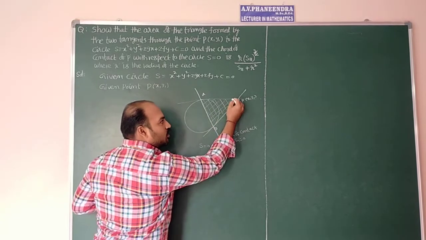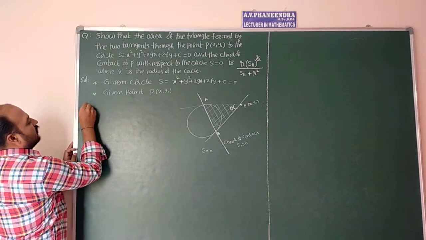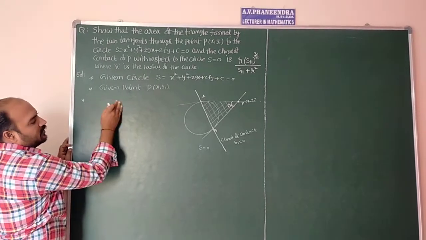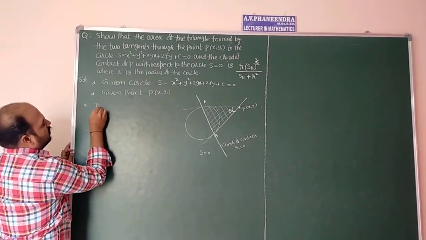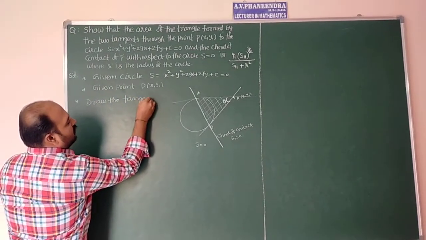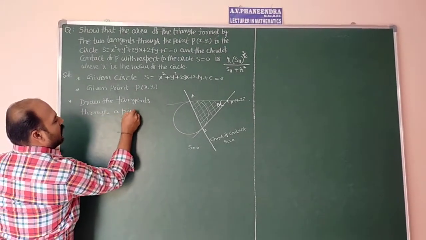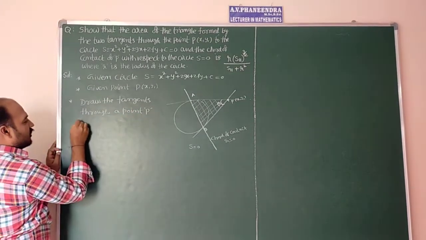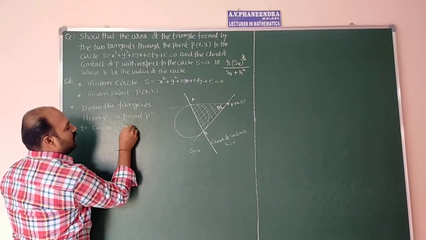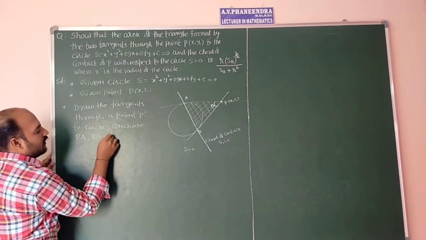The angle between these two tangents is theta, we are assuming that. Before going to write that angle, draw the tangents through a point P to the circle, which are PA, PB respectively.